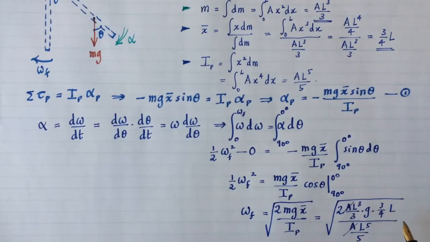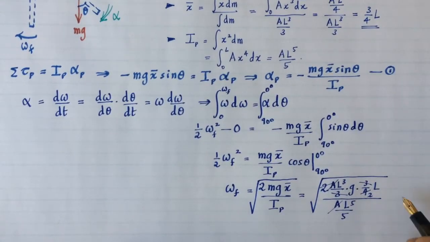The a cancels out, 3 cancels out, there is a 2 that goes here. There's an L to the 4 in the numerator and an L to the 5 in the denominator. So when the dust settles, that's going to be 5 halves g upon L, all under the square root. So that's the final angular speed.